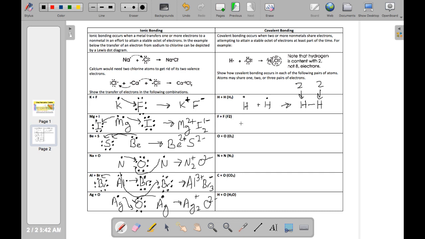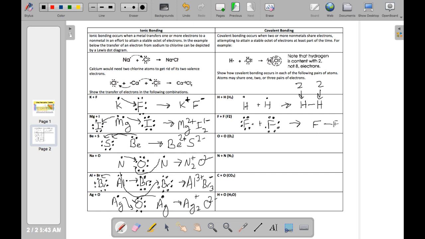So let's look at fluorine. It's diatomic. Now that has 7. 1, 2, 3, 4, 5, 6, 7. Plus fluorine, 1, 2, 3, 4, 5, 6, 7. Okay, yet again, the first thing you do is just draw your elements and connect them.